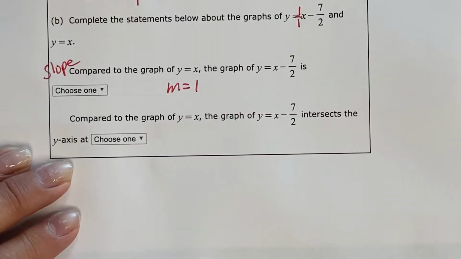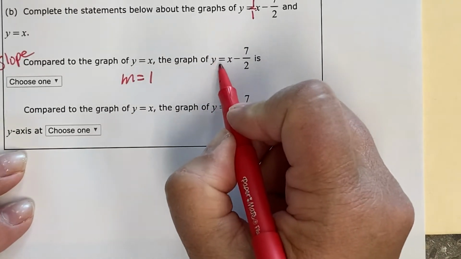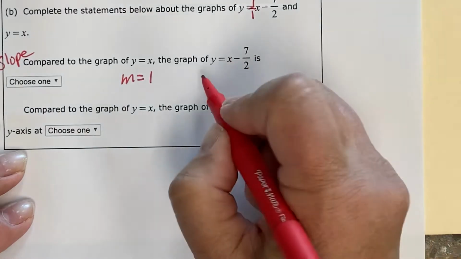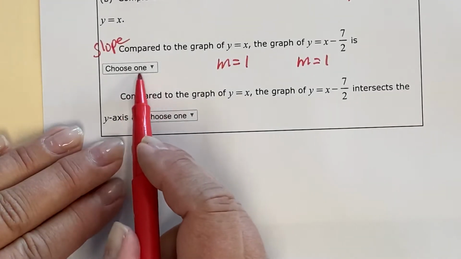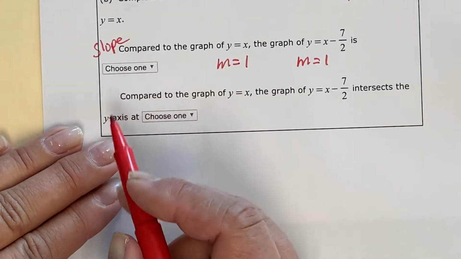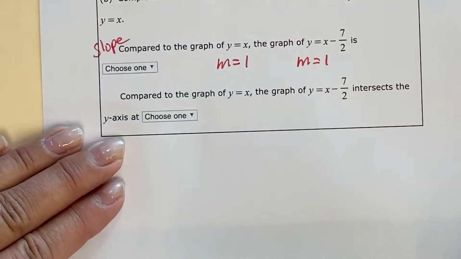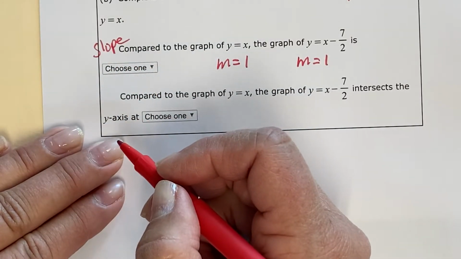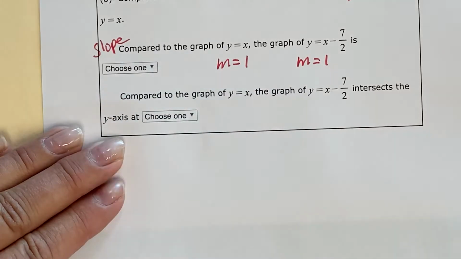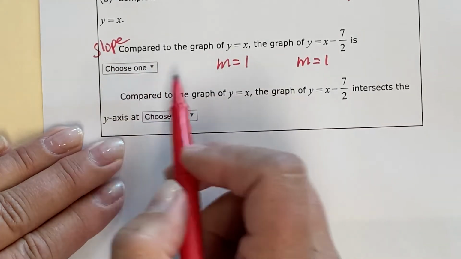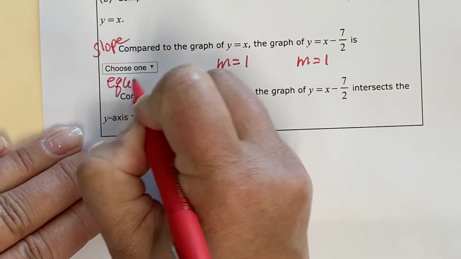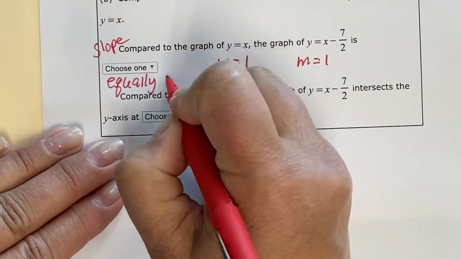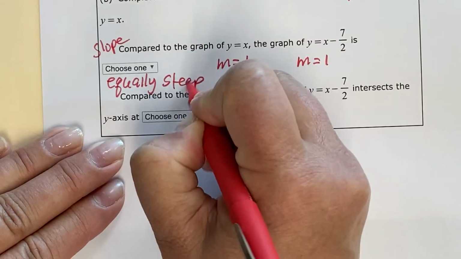This one right here, there's no number in front of that x either. So the slope of that one is also 1. With this drop down menu, I don't know what it's going to say. Same steepness seems like a dumb thing to say, but it'll say something about equally steep. That's what it says. Equally steep.